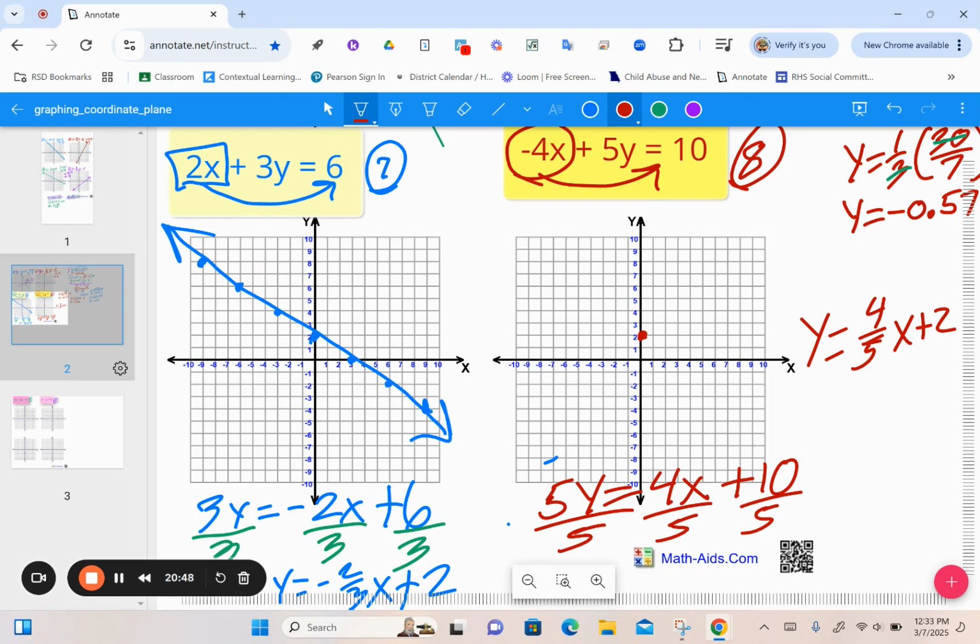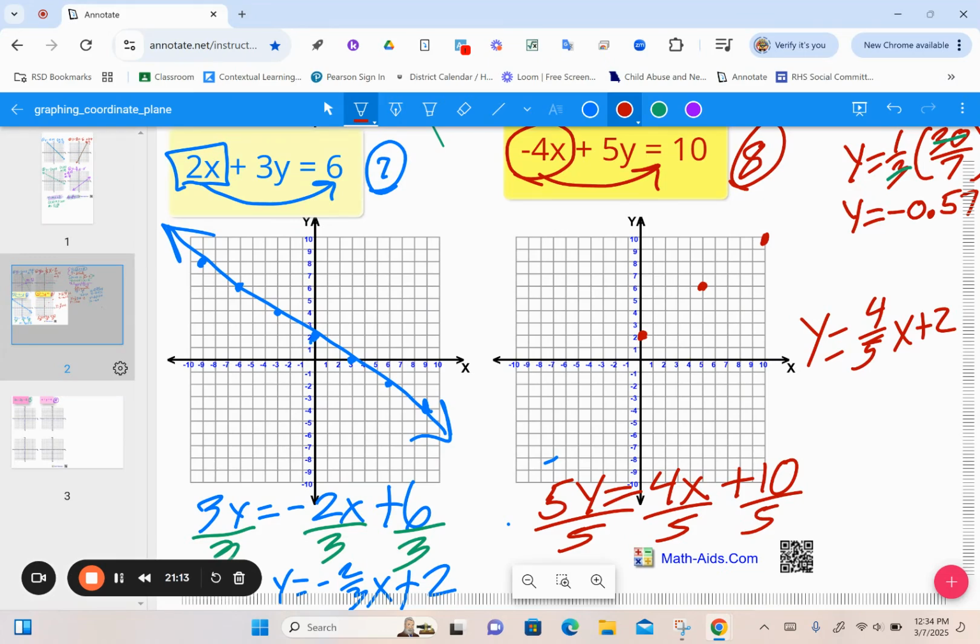Well, both those have the same y-intercept. Graph it at 2, then go up 4, 1, 2, 3, 4, right 5, up 4, so that'd be at the very top, right 5, that'd be at the very corner. Because 4 plus 6 is 10, 5 plus 5 is 10. So this is like adding on to your y number and adding on to your x number. So you're at 2.